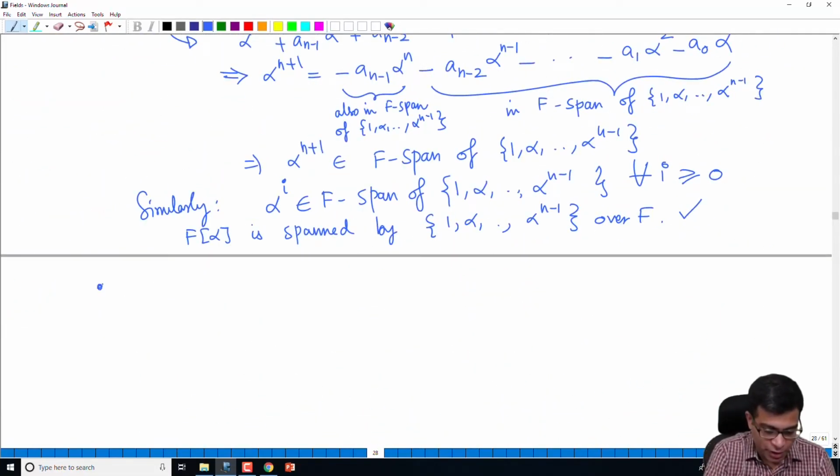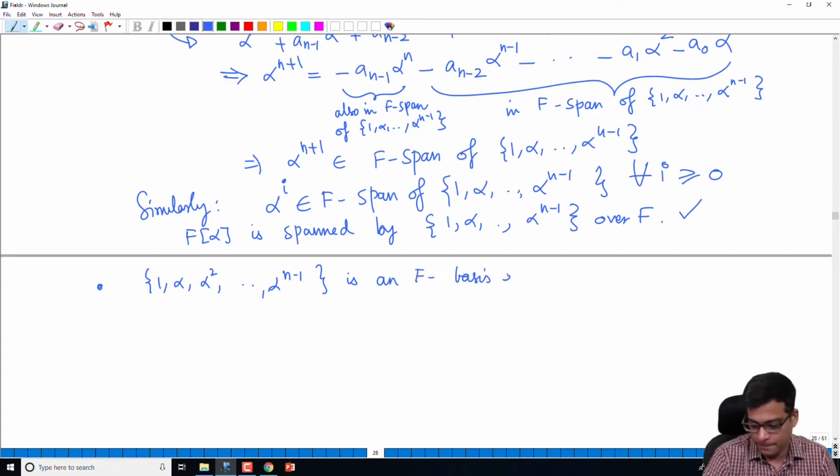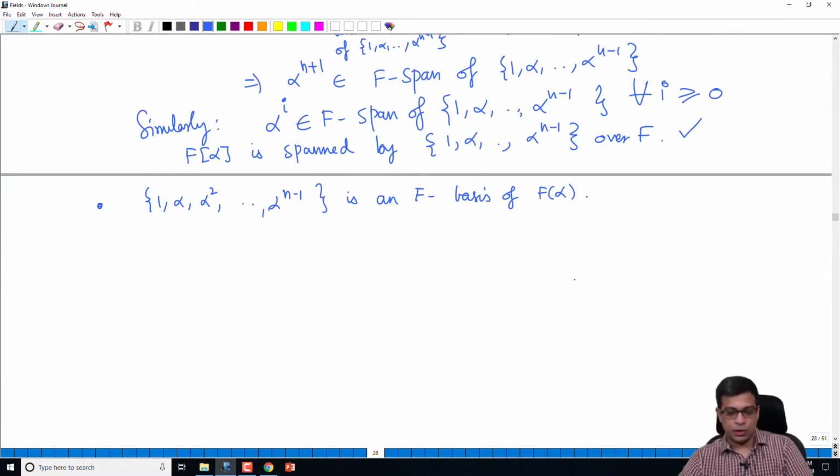What is the second part? We want to show that 1, alpha, alpha squared, up to alpha n minus 1 is an F-basis of F(alpha). And this is easy.